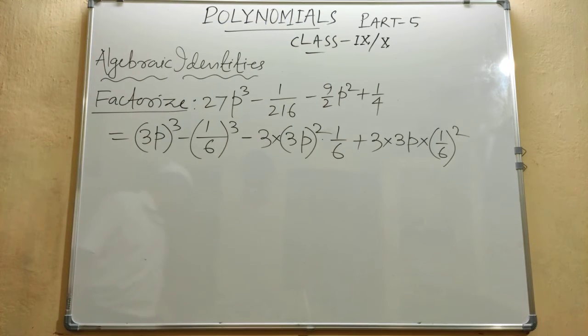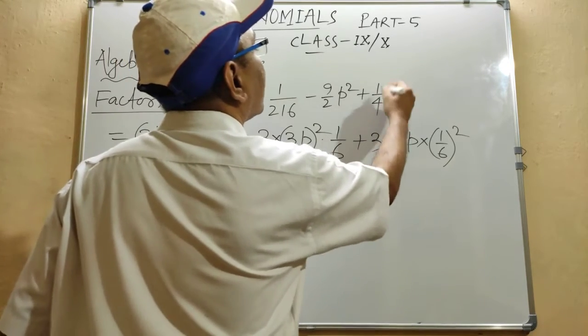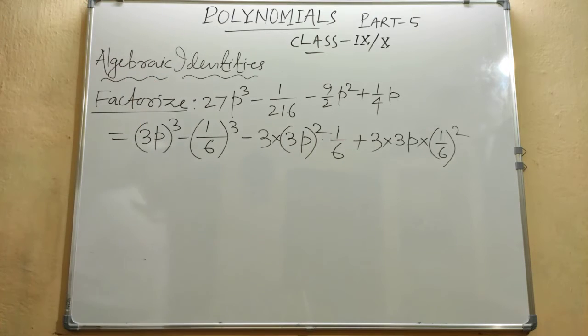No, it will not come as 1 by 4. It is 36, 9 4s are 36. It should be 1 by 4 p. Then only the problem will be solved. Yes, it will be 1 by 4 p.